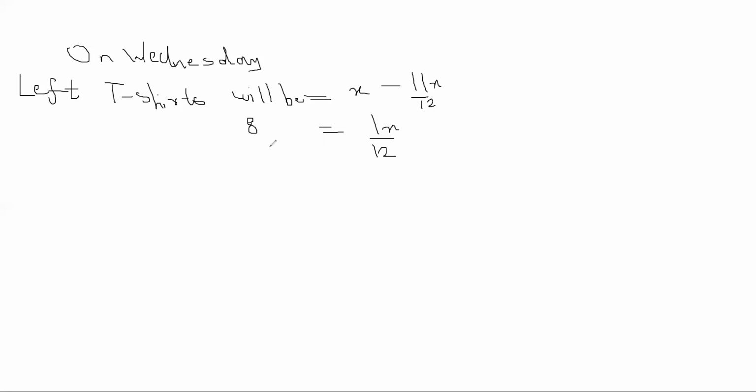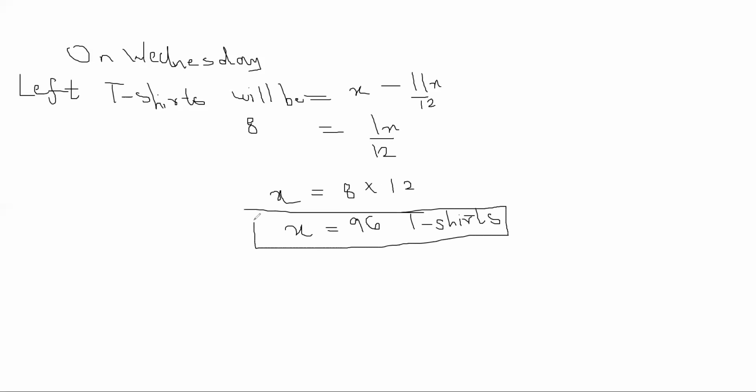So I will equate it with 8, because 8 is the number of t-shirts which are left, which is given in the question itself. So just multiply this 8 into 12, which will give you 96. Correct? So x is 96 t-shirts. So this is the way to solve this question.